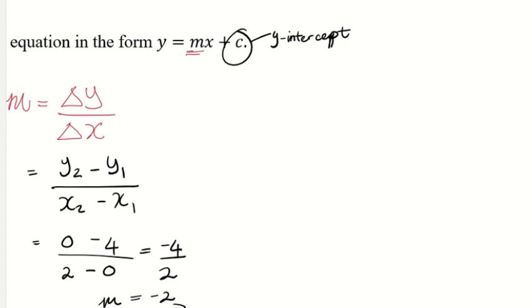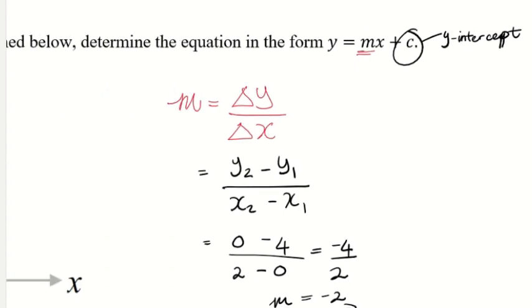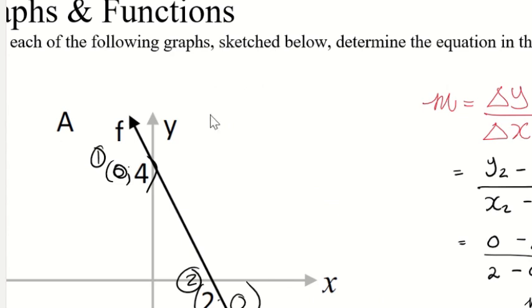Now, if you hear the word y-intercept, have we seen a y here besides the output on our graph? Go check your graph quickly. We have there the y-axis. Alright?